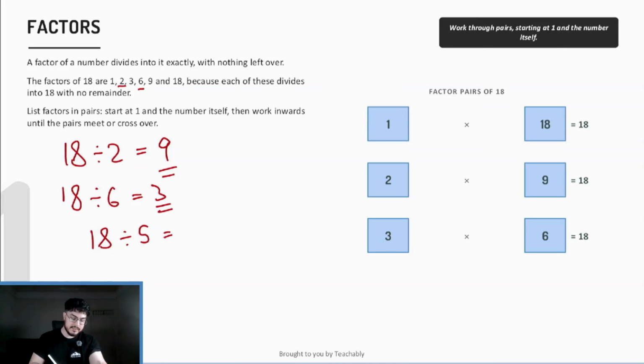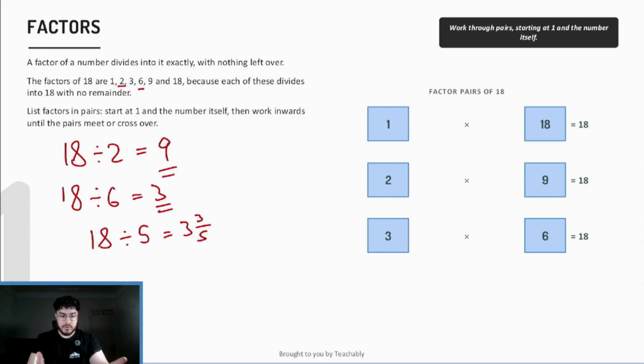So 5 goes into 18 3 times, but then there's a remainder, because it overshoots by 2. This would turn into what we call a mixed number, because it goes in 3 times and then there's a remainder of 3 over 5. So there's 3/5 remaining.